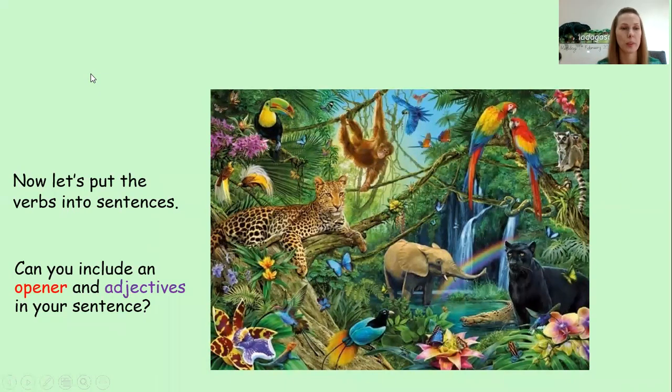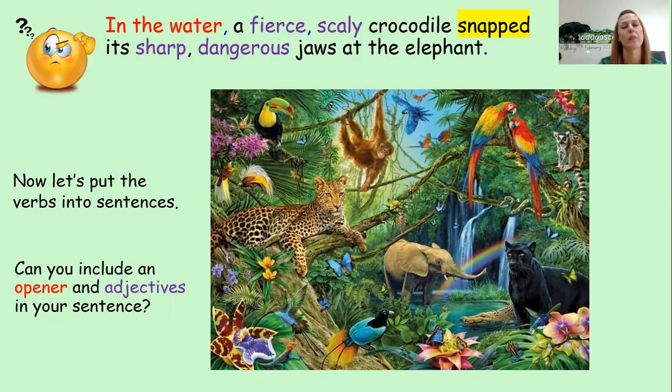So here's an example. I had a think, and for my positional opener, I looked at in the water. That's where the crocodile is. So I started with in the water, a fierce, scaly crocodile snapped. That's my verb, snapped its sharp, dangerous jaws at the elephant.